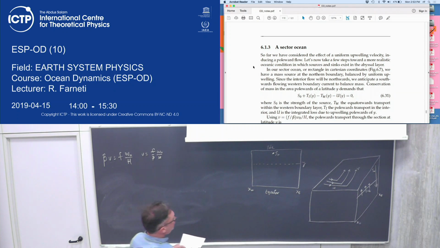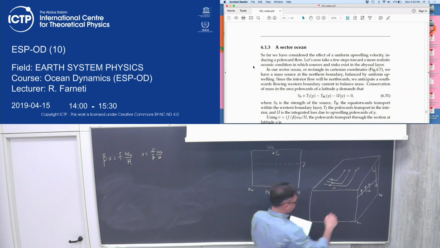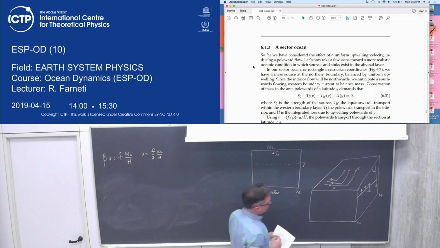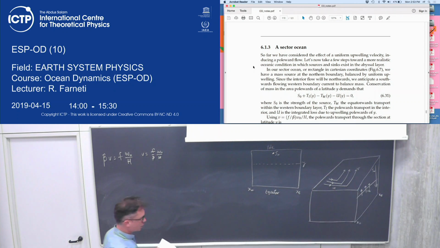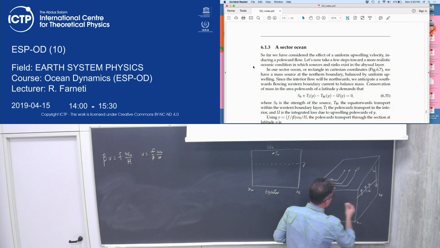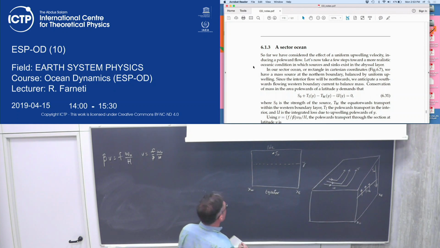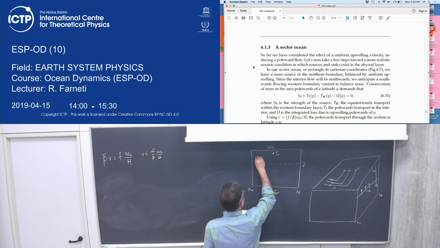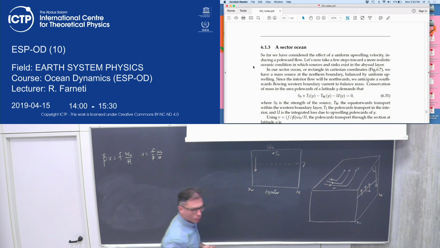Okay, and if we have the sinking at high latitude, which is balanced by some upwelling throughout the basin, then this water must be circulating somewhere, and we say it's going to circulate in a western boundary current. We can do the same analysis as for the wind-driven gyre.